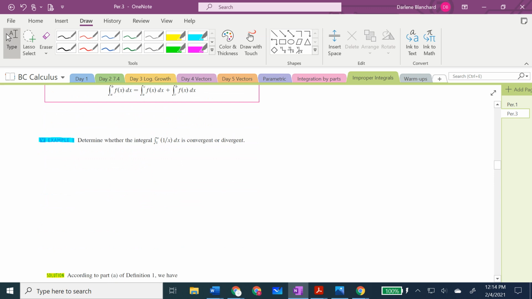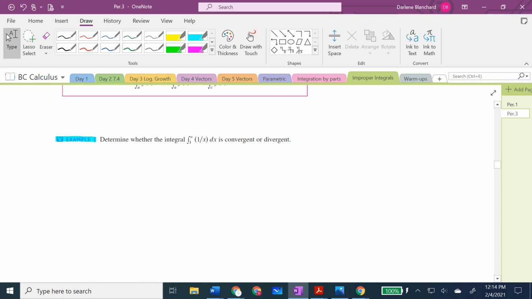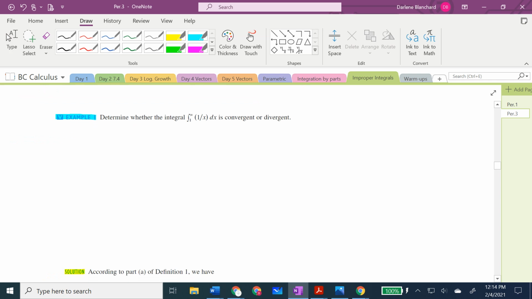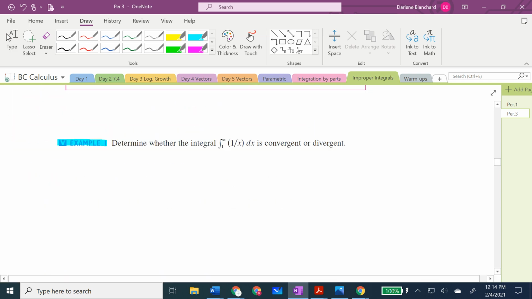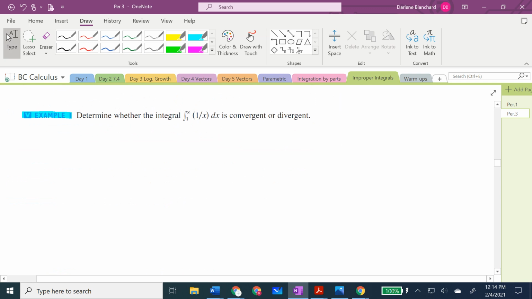Anyway, I'm going to keep going. I've got two really important examples to talk to you about and to look at them comparatively.